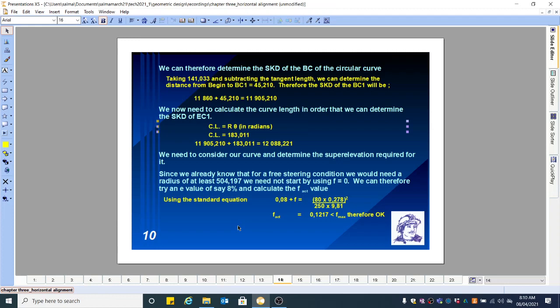We can now determine the SKD of the BCC of the circular curve. Taking 141.033 and subtracting the tangent length, we can now determine the distance of the BCC1, and that is equal to 45.210. Therefore, the SKD for the BCC is 1860 plus 45.210.